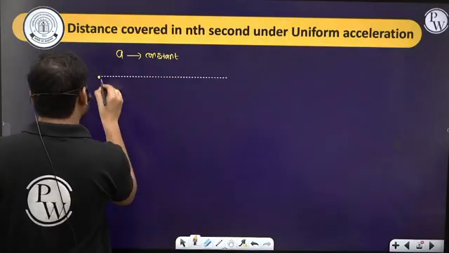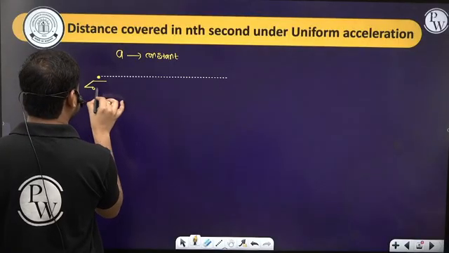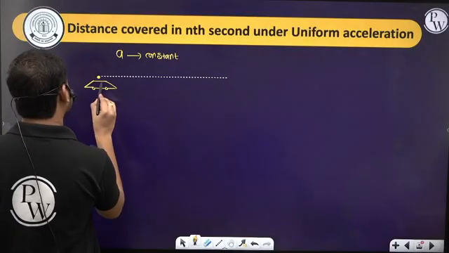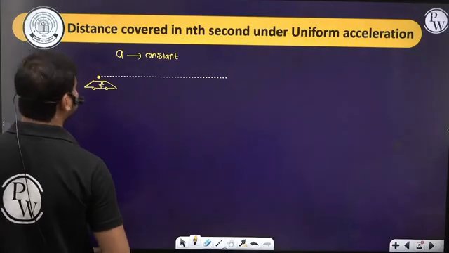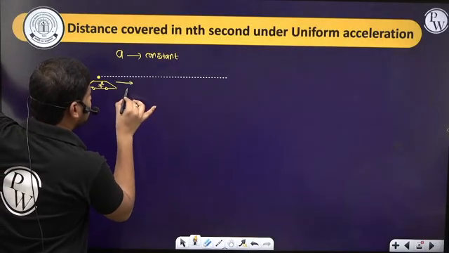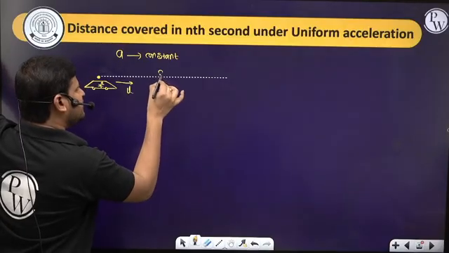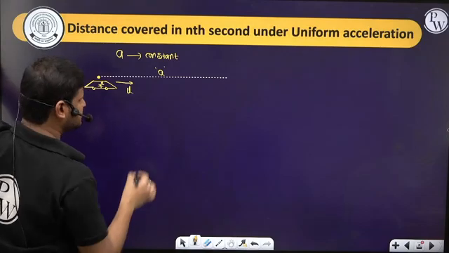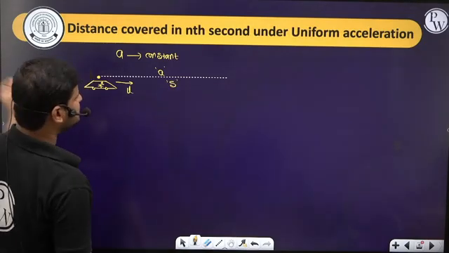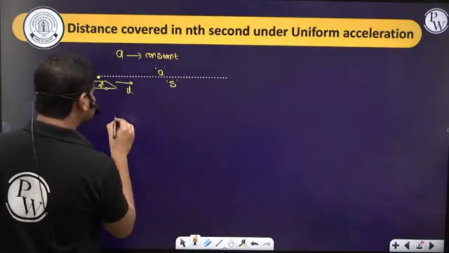Considering the initial velocity of the body, here is some object, let's say a Mercedes Benz car, and Chintu is sitting in it. Chintu is driving this vehicle with an initial velocity u. The uniform acceleration, let it be a. He is covering some distance s in some particular n seconds. Now what is the distance covered in the particular nth second that I require?